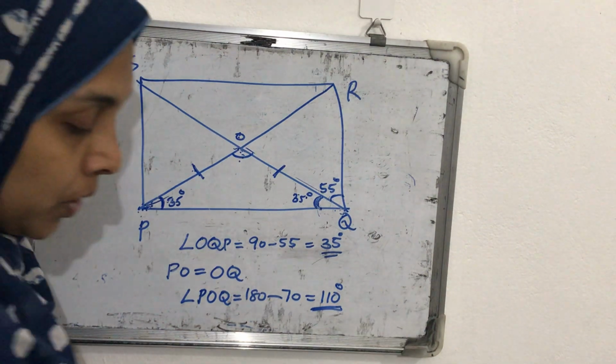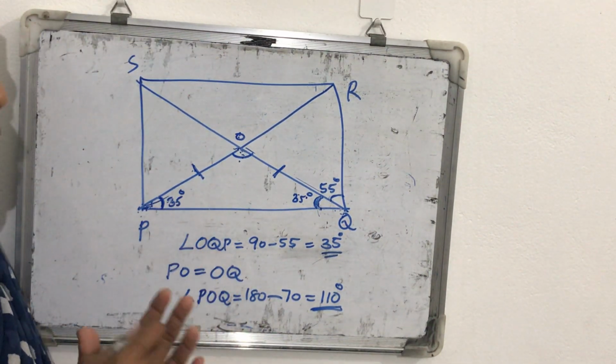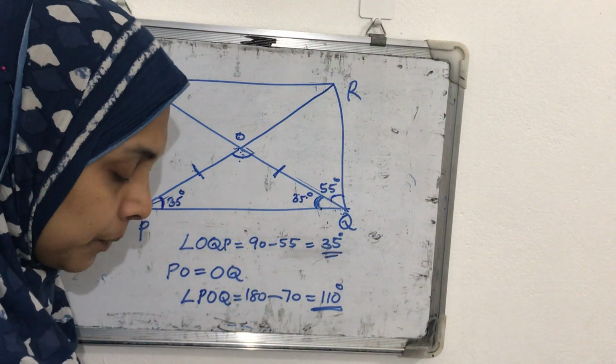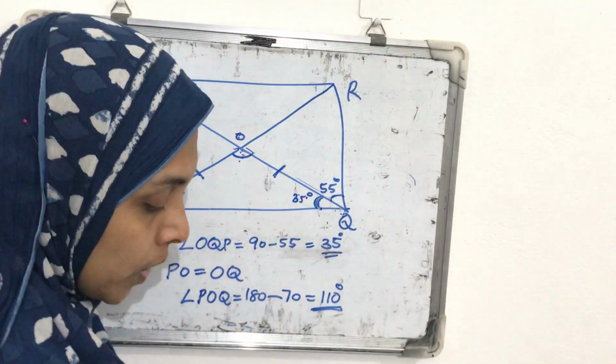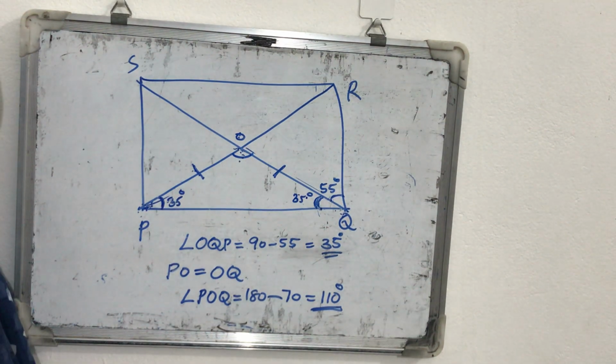If you get any question of this type, you want to know how to solve it using the different properties we already learned. Okay, and so that chapter is already finished. Anyway, you should study all about polygons and diagonals we discussed.